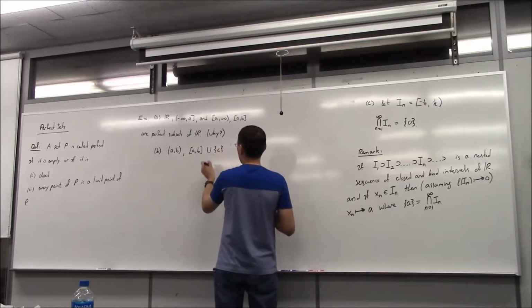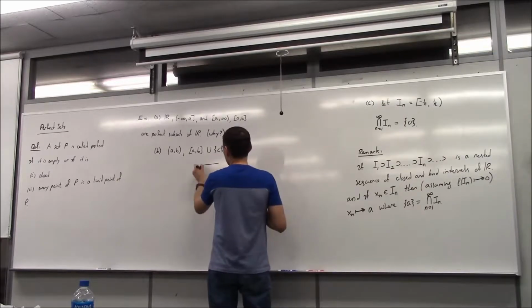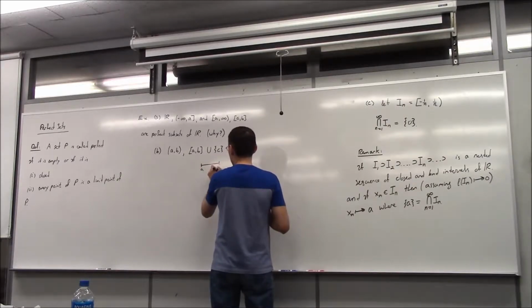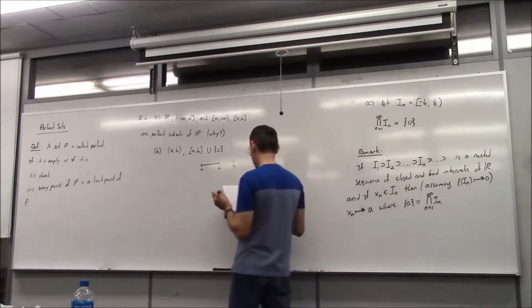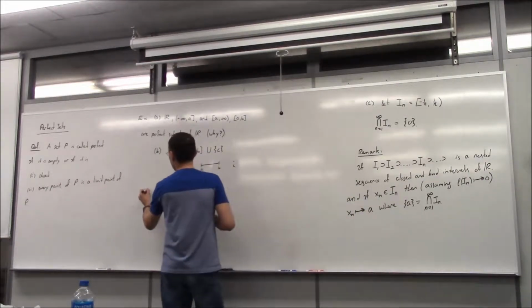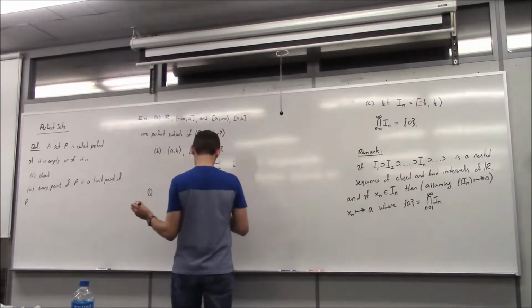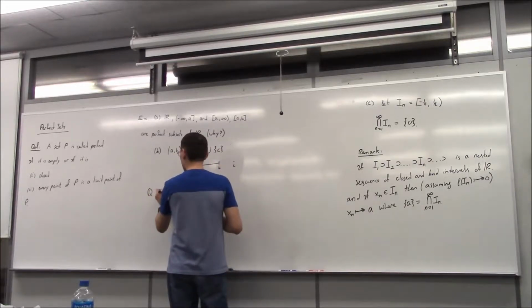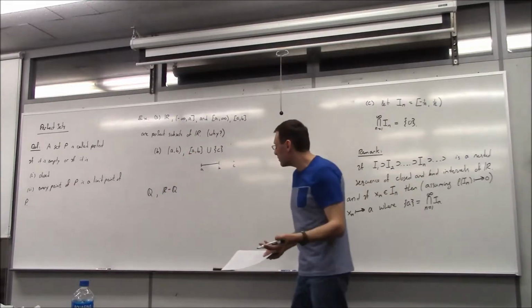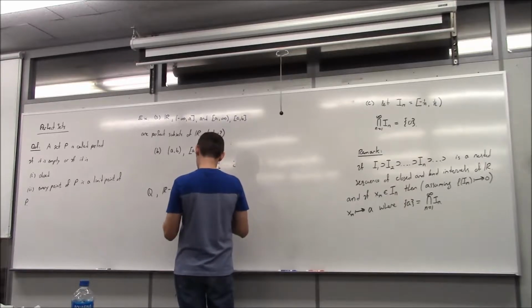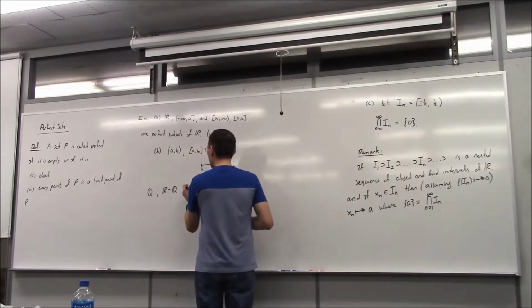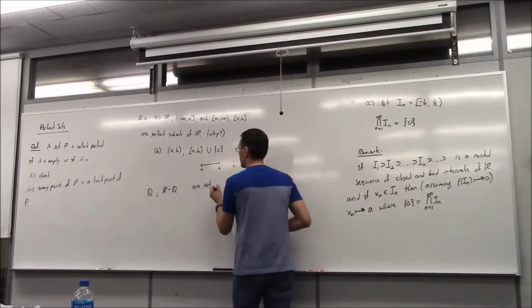This is A, this is B, and here is C locally. If I take Q, or if I take the irrationals, which is all the real numbers that we remove the rationals from, are not perfect subsets of R.